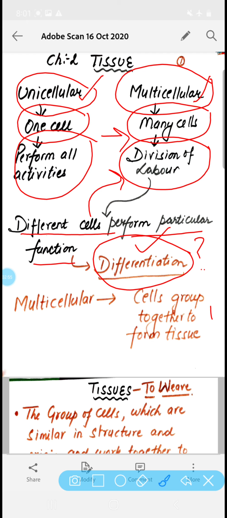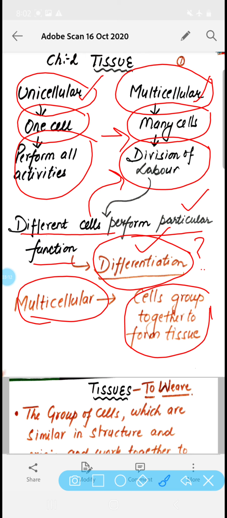It is the property of the cells when the different cells perform a specific or particular function. So here in multicellular organisms, cells group together to form a complex structure called tissues. Let us take an example.